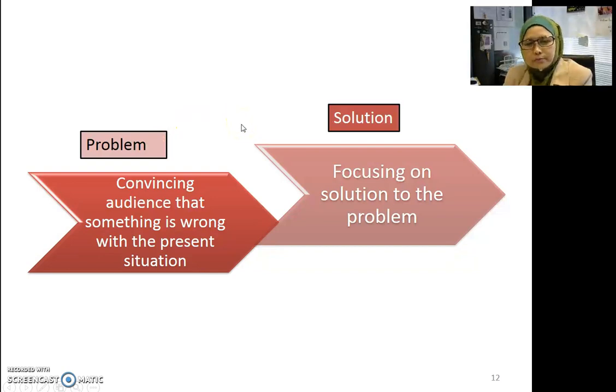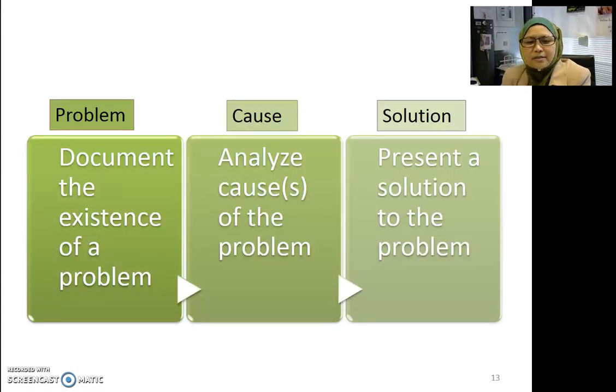So let's look at the first one. Problem solution. You tell the audience that there is a problem with the current situation, and then give them the solution. Focus on solution to the problem. That's it. The next one is more in depth. You talk about the problem.